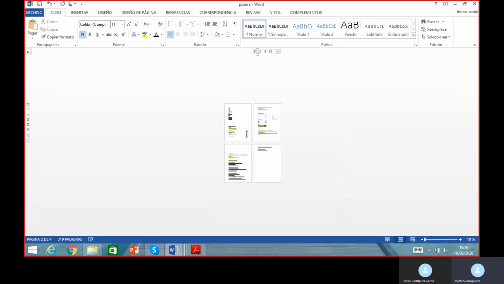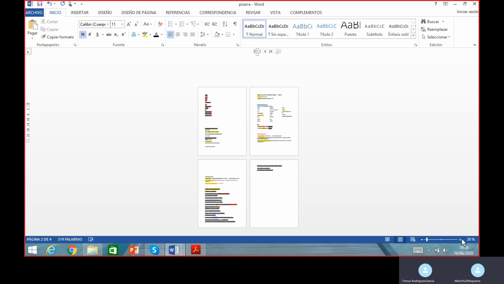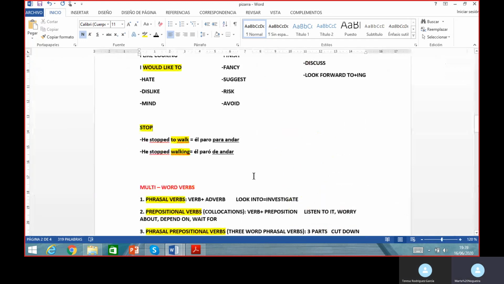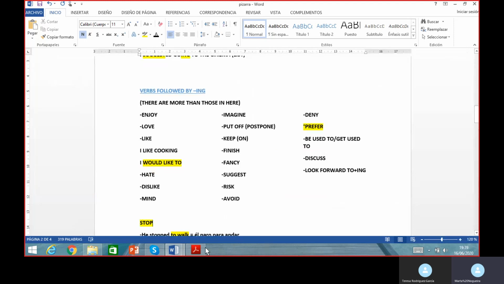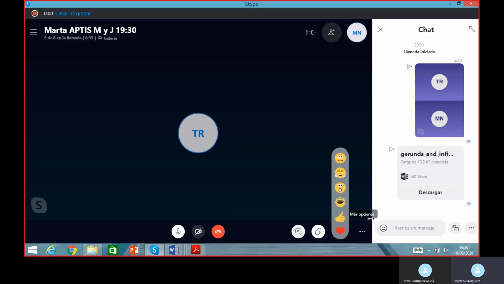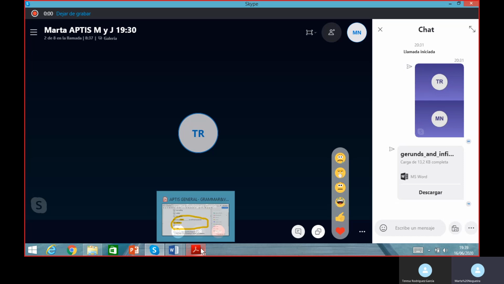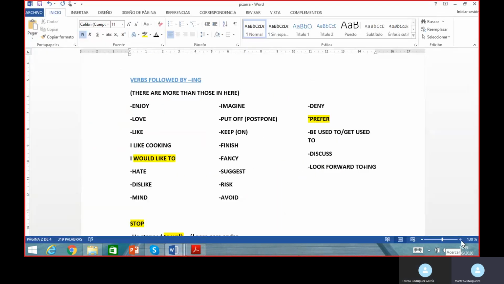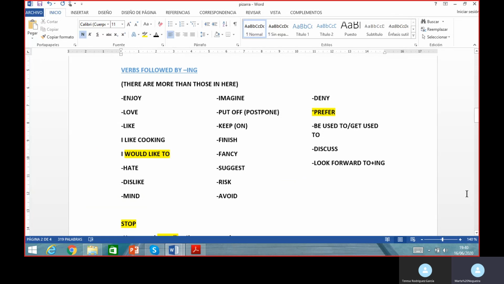Let me see if we can make a picture of this. Well, you can make it, I think. Let me see if I can do it myself. Oh, no, I cannot do it. Well, if you want, you can do it like a picture of this so that you can have it instead of copying.